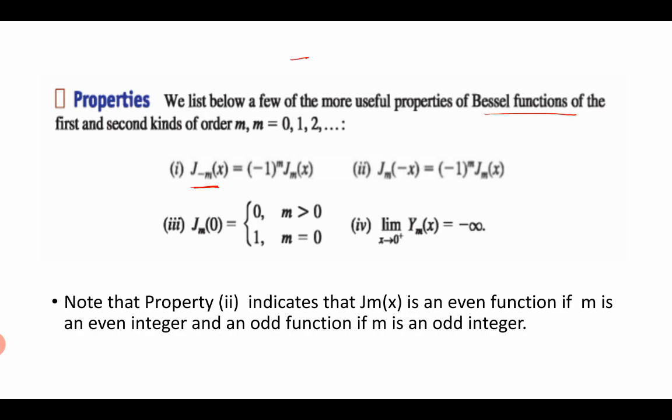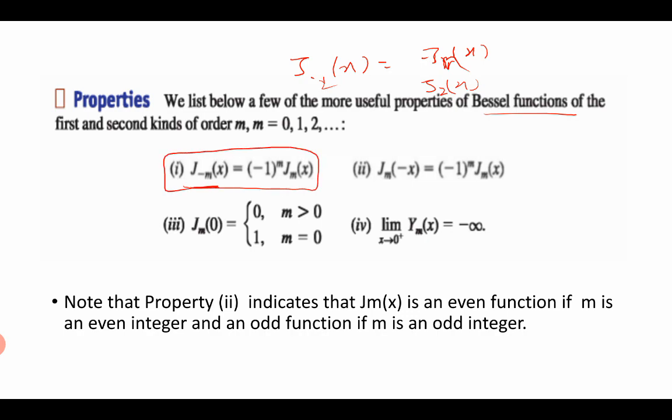So you know J minus 1 of x, you can write as minus J1 of x. J minus 2 of x will be J2 of x. So how to rearrange the term?